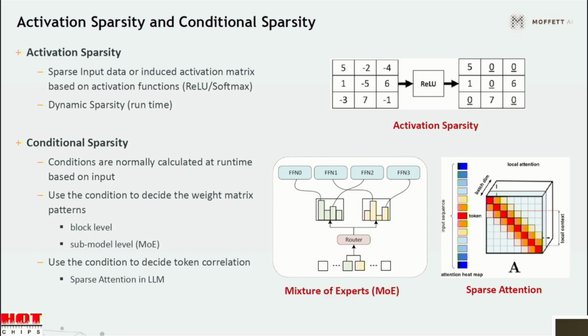As we can see here, there's an input, and then we have a router, and the router normally uses a top-K algorithm to select which network to activate. And we can have a weighted sum of those active networks to generate the final output.